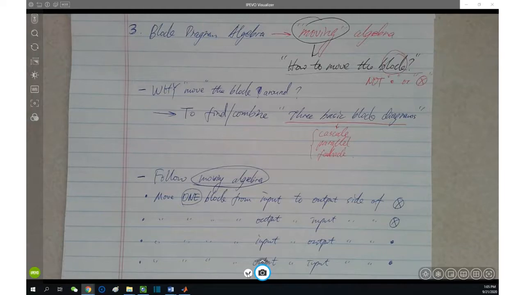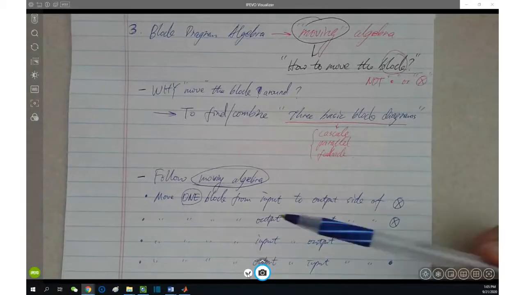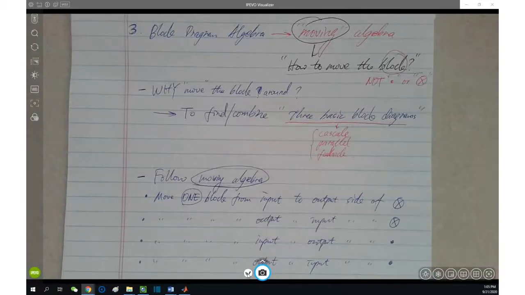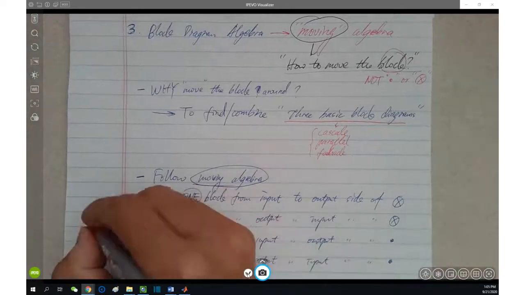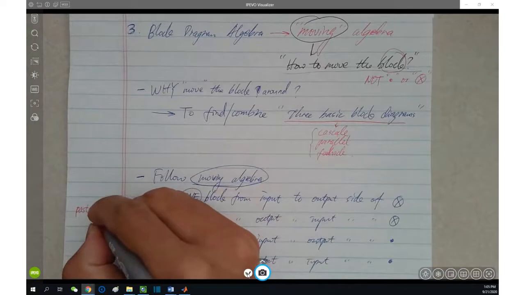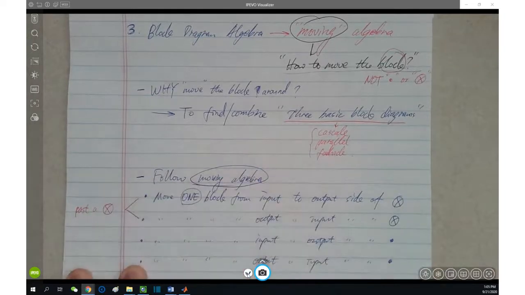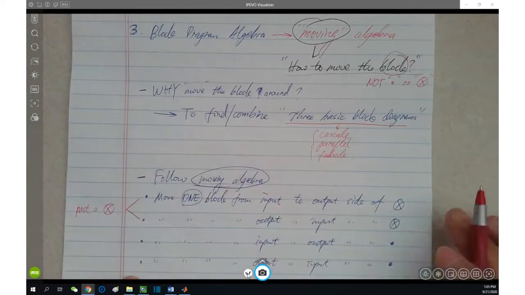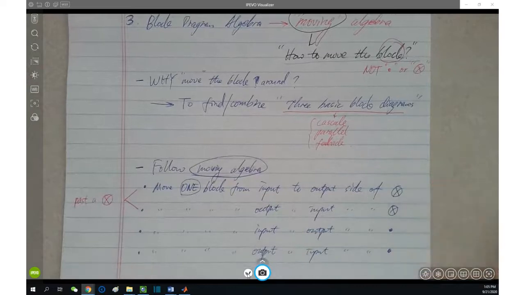All right. So now the algebra, or say the algorithm, the moving algorithm. We have 4, only 4. From here, you can easily tell the first 2 are actually what? Passing a summing junction, right? What matters is you pass the summing junction from the input to output, or the other way around.